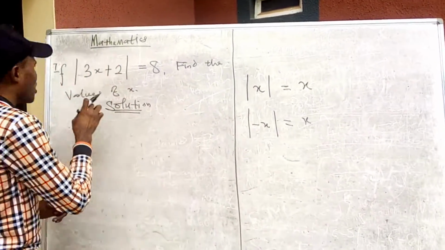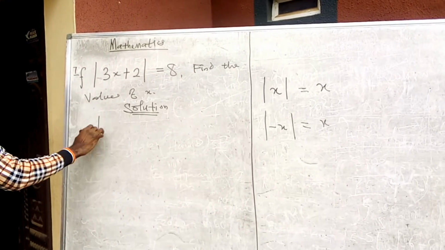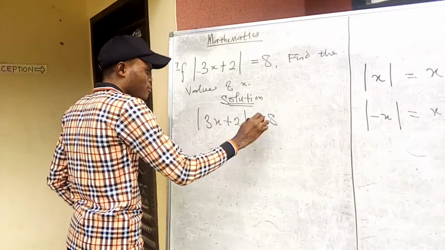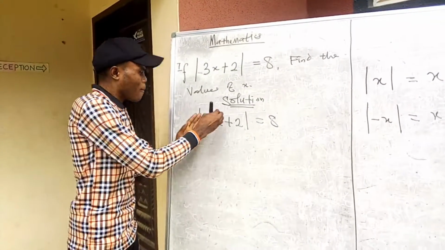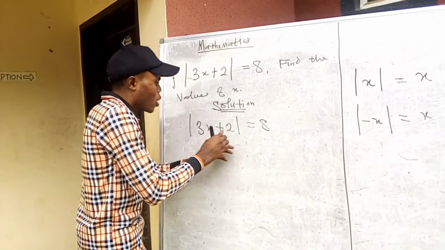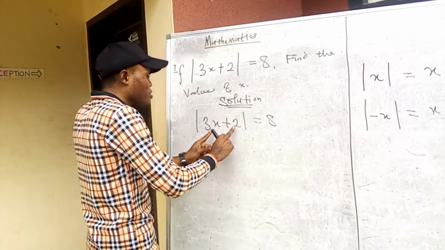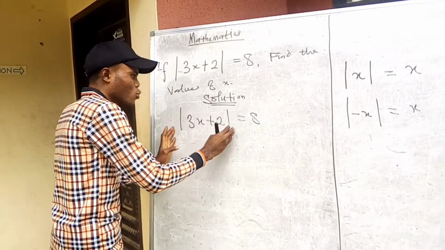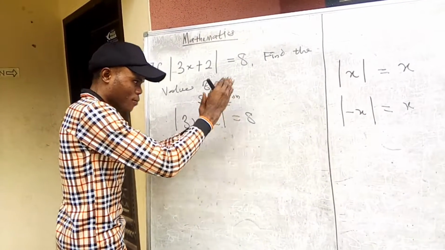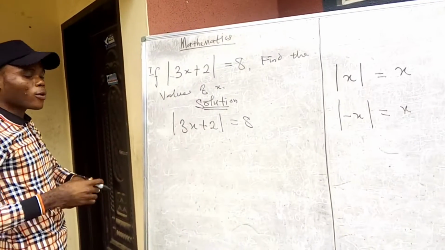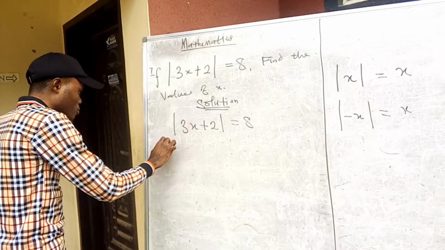Now to solve this problem, let us write the absolute value of this equals 8. Which means by the time you substitute a value for x here, you are expected to have either a positive 8 here or a negative 8. Then absolute value will consider it as positive 8. Now, we want to solve this problem without breaking it apart.